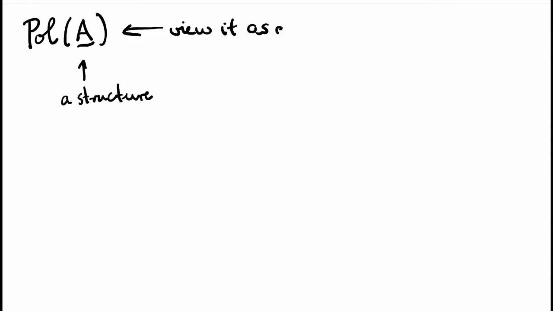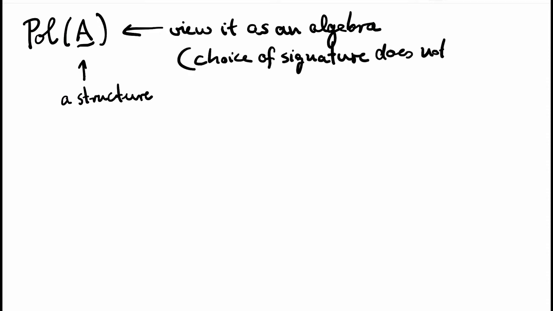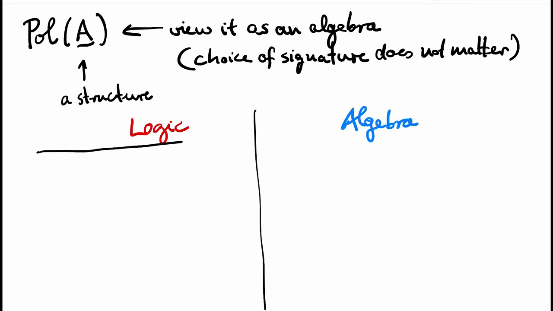So the algebra that we obtain is not unique, but usually the choice of the signature is not important. In particular, we can view polymorphism clones as algebras. In this way, we can translate back and forth between logic terminology and algebraic terminology. This translation is particularly easy if the domain is finite. So we will assume in the following that the domain is finite.